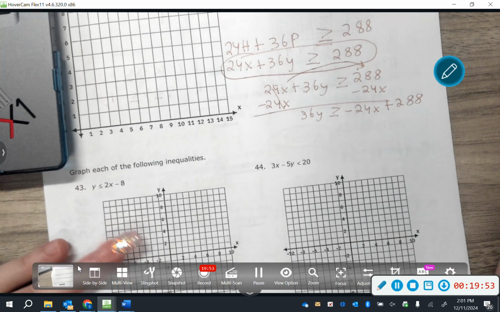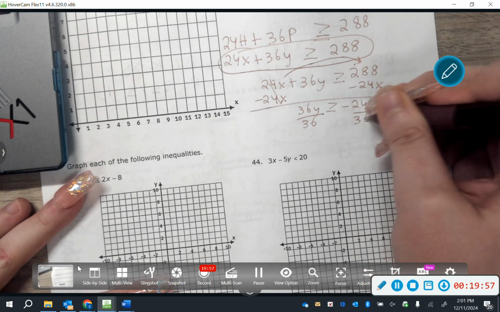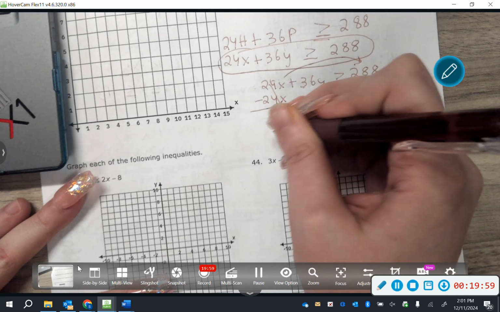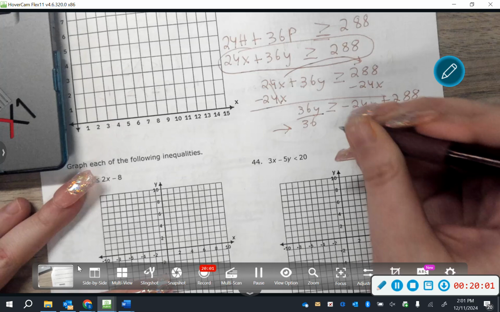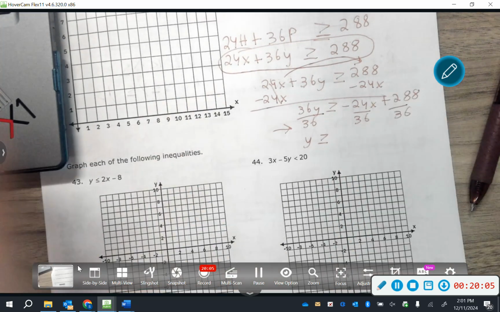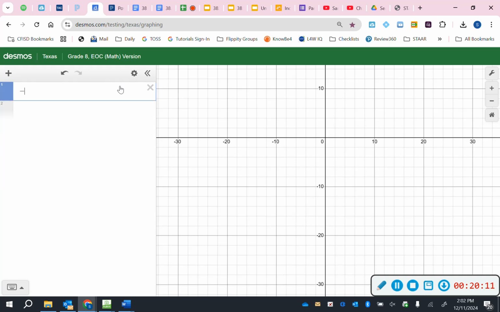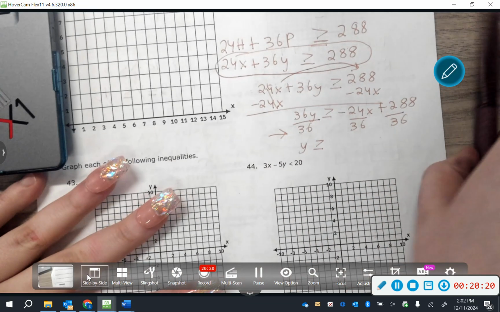We need to get the y by itself, so we divide by 36. If we divide by a positive number, the sign in the middle does not flip. So y is greater than or equal to, let me see what negative 24 divided by 36 is. Negative 24 divided by 36, and I'm going to change that back into a fraction, is negative 2/3.